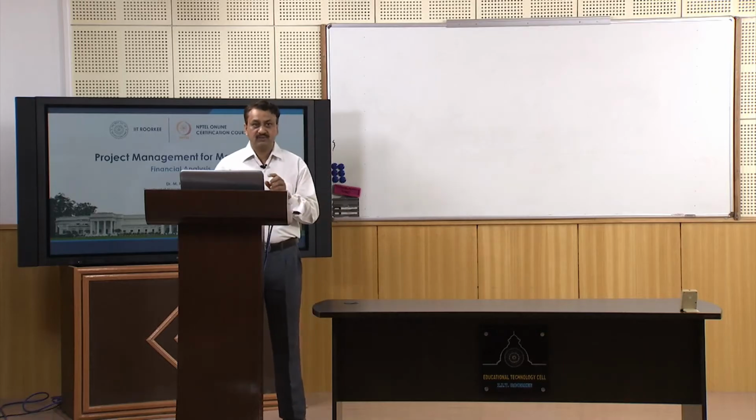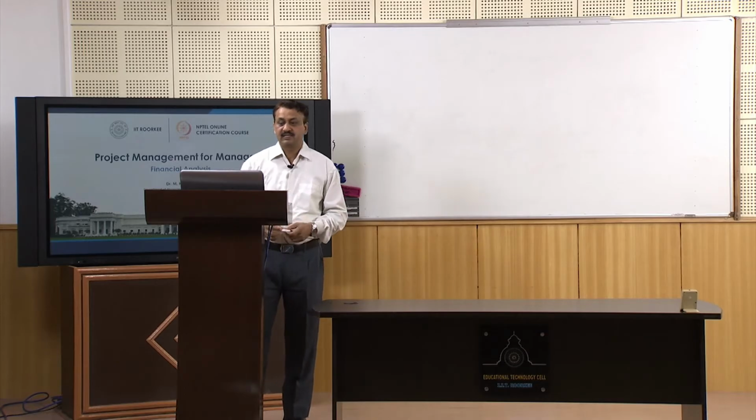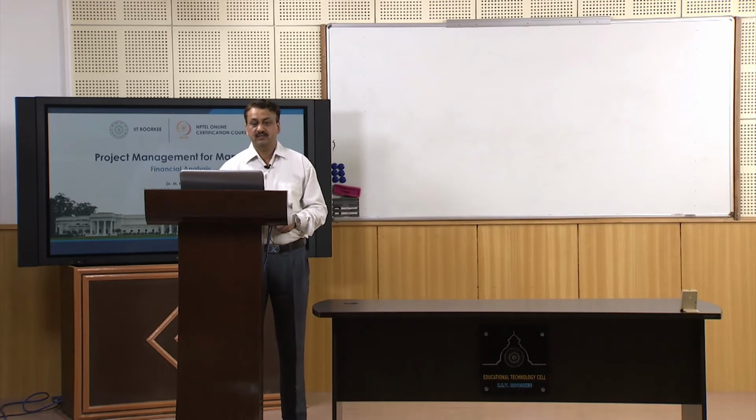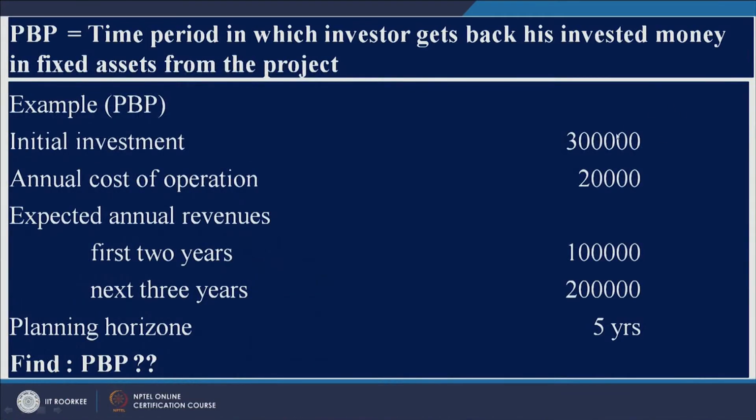We will solve a very simple problem on the payback period method. Let us say there is a project and the initial investment in the project is 300,000, and the annual cost of operation is 20,000. Now, the expected annual returns from that project are given here.